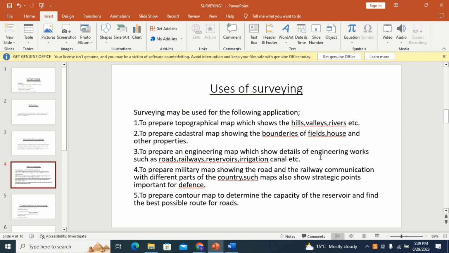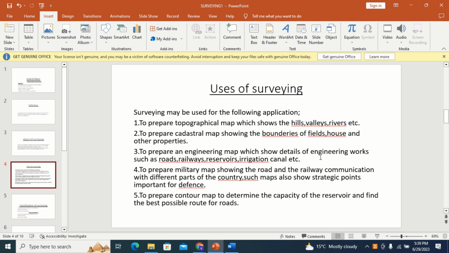Use number 2 is to prepare a cadastral map showing the boundaries of fields, houses, and other properties. Just to mention the term cadastral, these are the type of surveyors who normally carry out surveying where there is a conflict over land or boundaries. So they are the people who are involved in carrying out surveying for such cases.